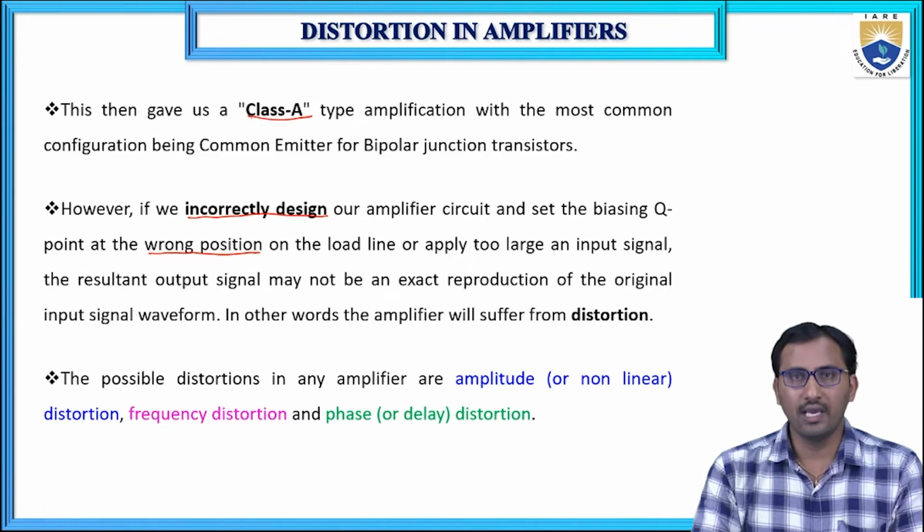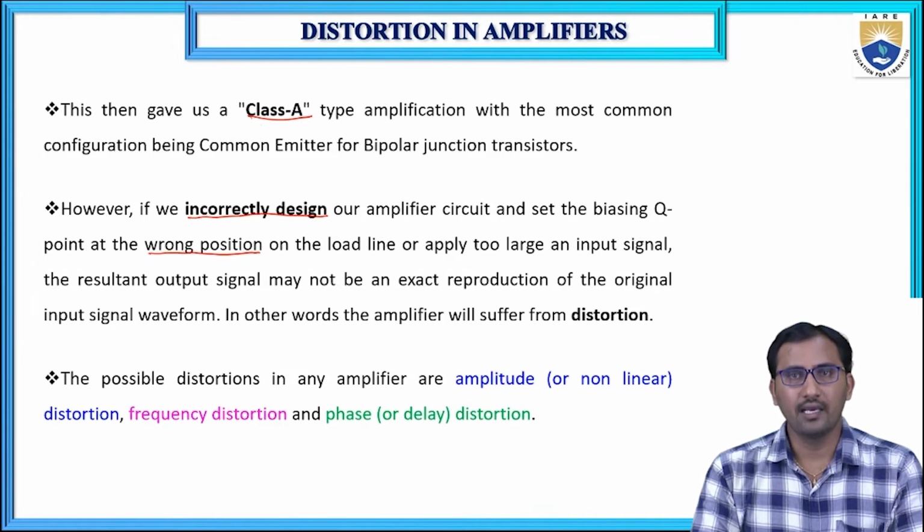That means the Q point should always be at the center of the DC load line. If it is shifted upward or downward, it leads to clipping at the output waveform. That is called the distortion.